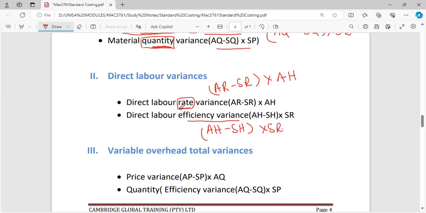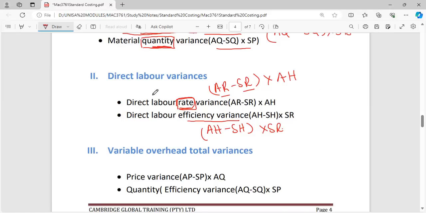Understand this part. I want to calculate a rate variance, which means we're talking of the rate per hour, which is paid to the laborers. So you are going to look at the actual rate and the standard rate. In your standard costing, you are focusing much on actual and budgeted.